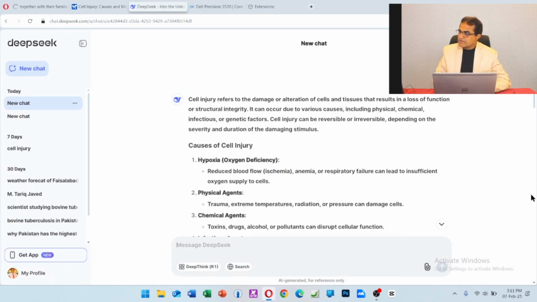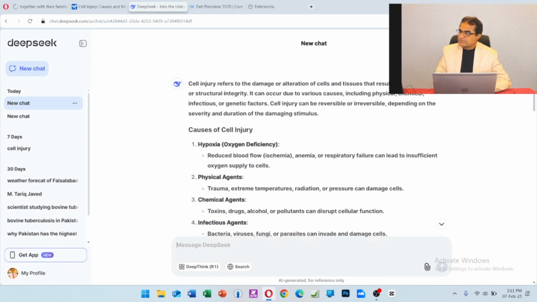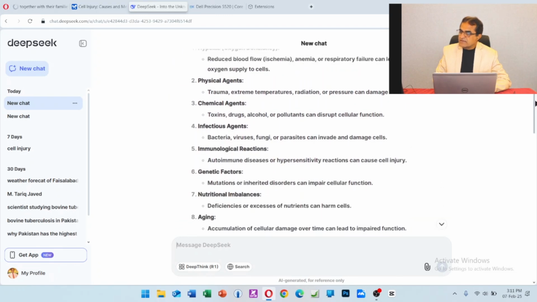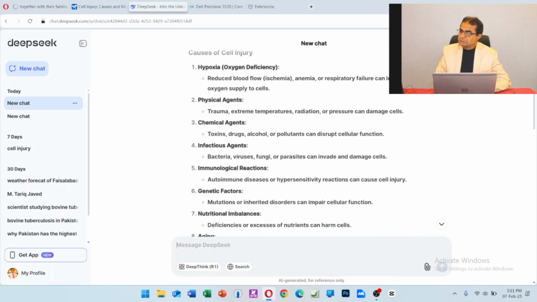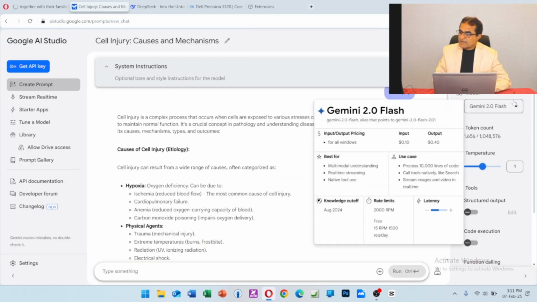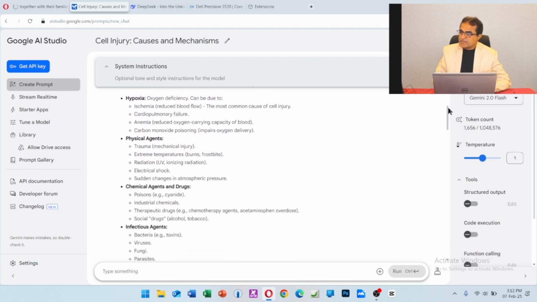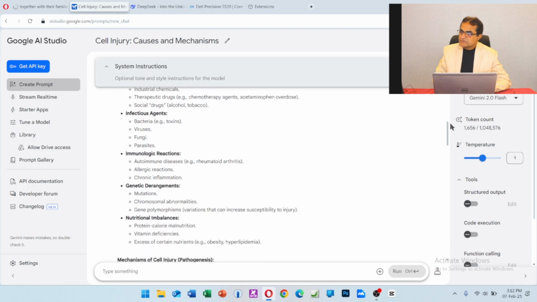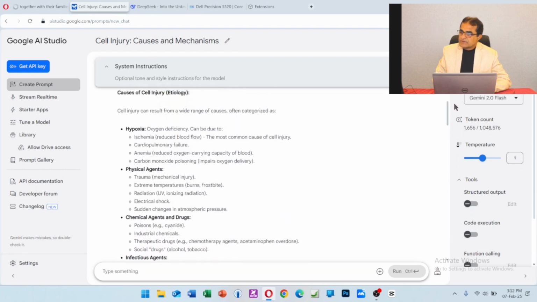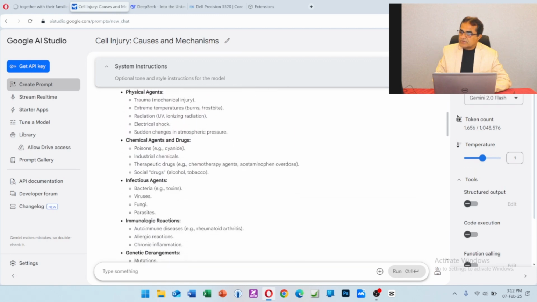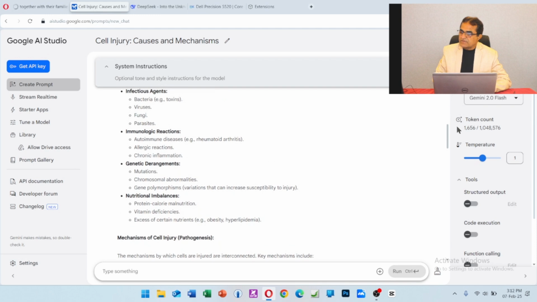Now let us closely review the kind of information we got. The causes of cell injury: it has indicated 8 causes and given us just hints of what is there. While if we look into the causes in Google AI Studio, it has given us say 1, 2, 3, 4, 5, 6, 7 causes.